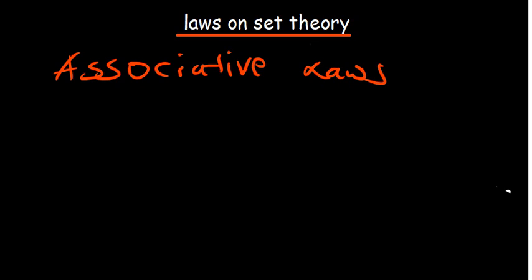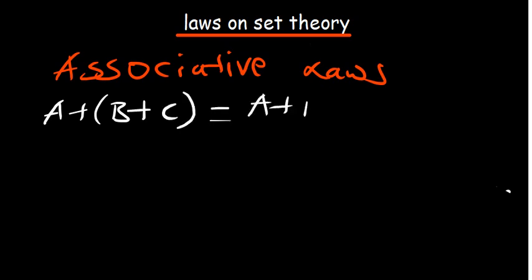In a case where you're adding A to B plus C, it is the same as adding A plus B first, then you add your C. Now some of you may be asking, is there any difference between what we have? Yes, there is a difference, but the result is the same.